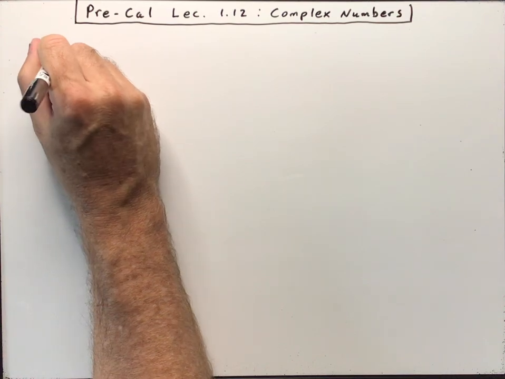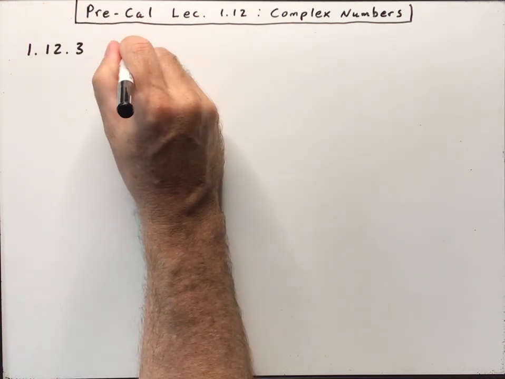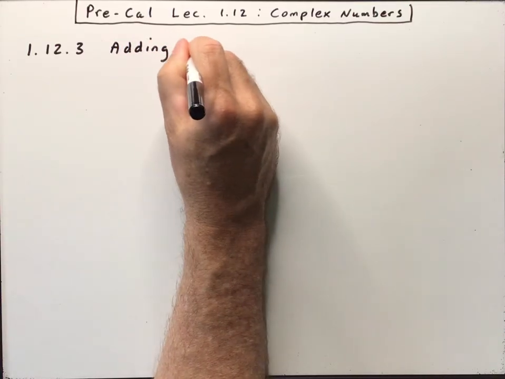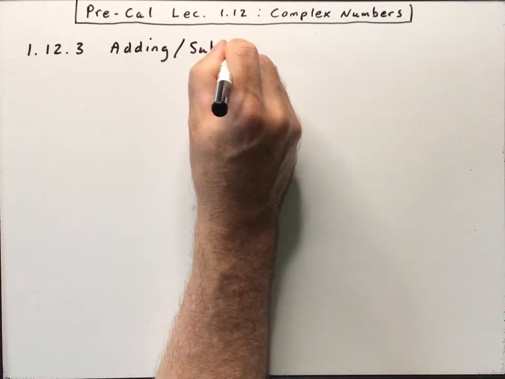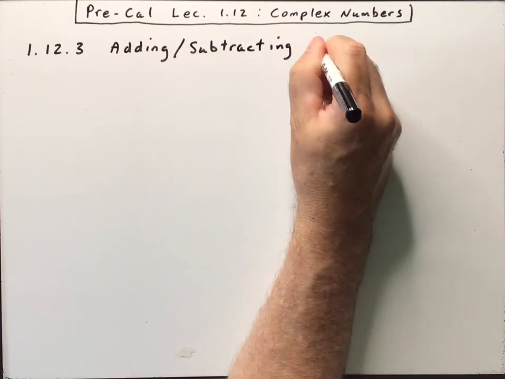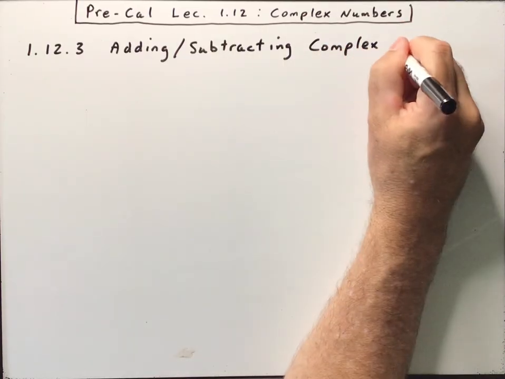Okay, 1.12.3 is adding and subtracting complex numbers.